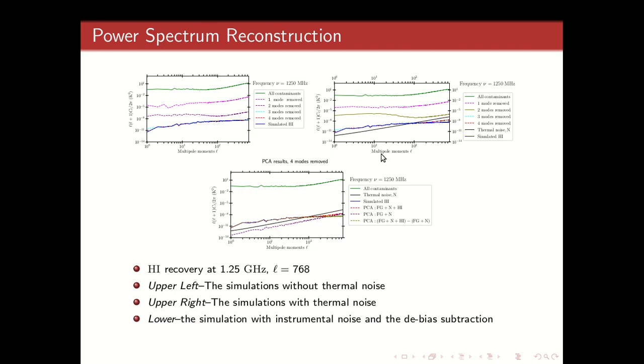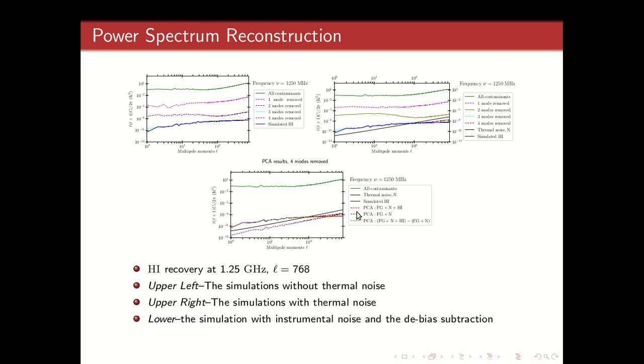On the top right panel, the simulation includes thermal noise, and for the lower panel, we include thermal noise as well. But PCA is hampered by systematics and noises that make it difficult to completely recover the signal, and these systematics and noises add some bias to PCA.